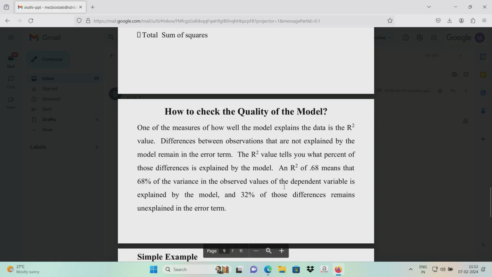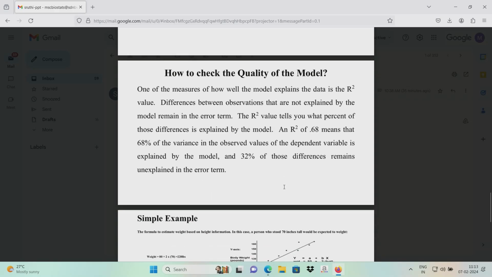The quality of a regression model is usually determined by the R square value, which tells us what percentage of the differences is explained by the model. When R square is 0.68, it means that 68% of the variance in the observed values of the dependent variable is explained by the model, and 32% of those differences remain unexplained in the error term. Whatever software you use, R square will always be given as a decimal value.